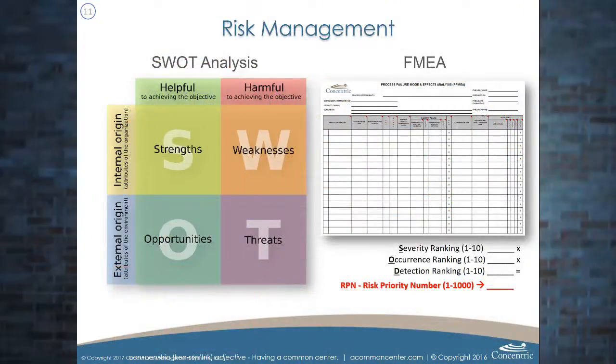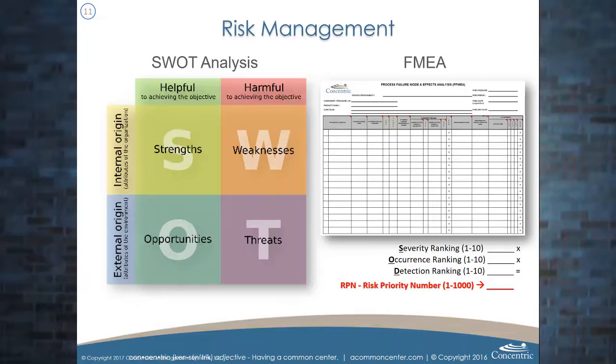This is your risk management or your risk prevention, your risk-based thinking side. The idea here is to use a variety of different tools, either as simple as a SWOT analysis, where you're looking at strengths, weaknesses, opportunities, and threats, and then working to take the opportunities, threats, and weaknesses and improve those or mitigate those risks or threats.